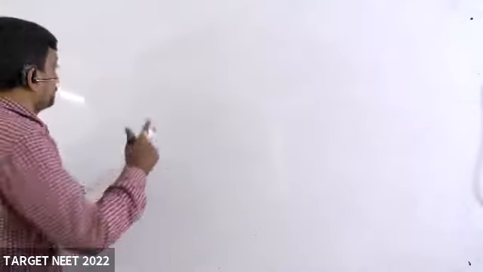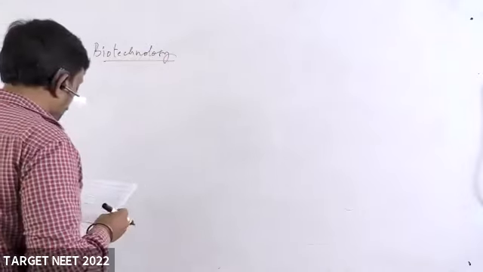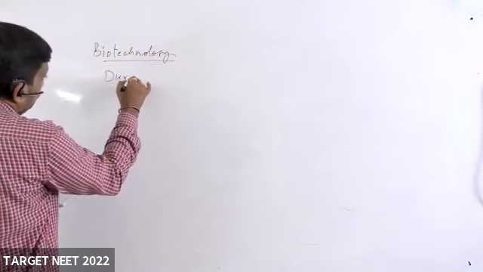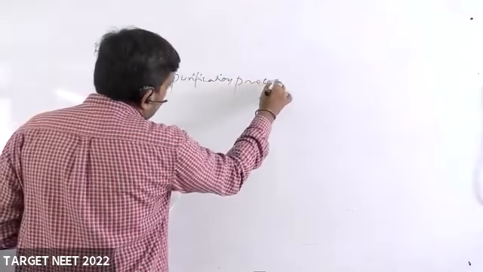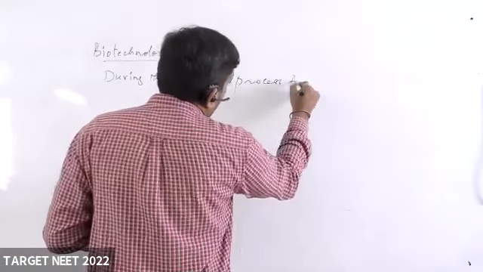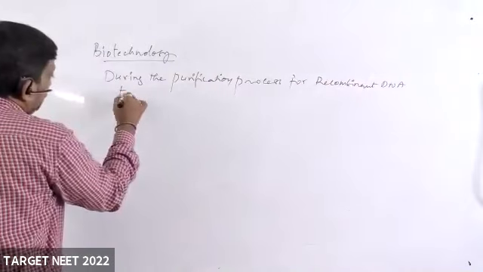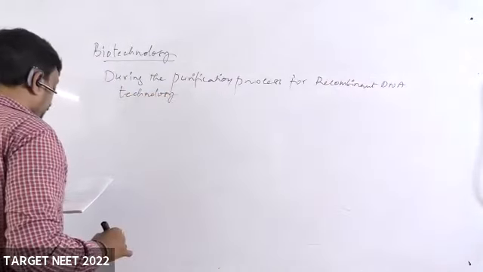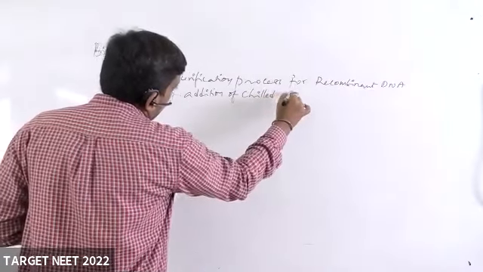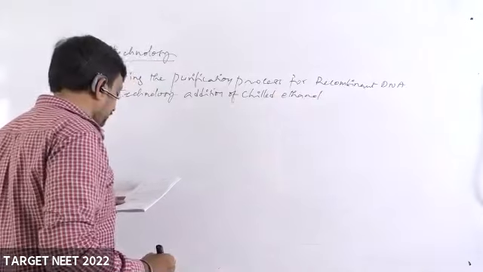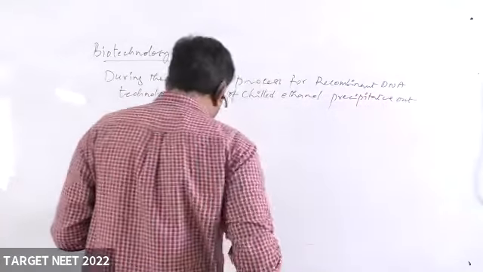Next, a question related to biotechnology. During the purification process for recombinant DNA technology, addition of chilled ethanol precipitates out which of the following?